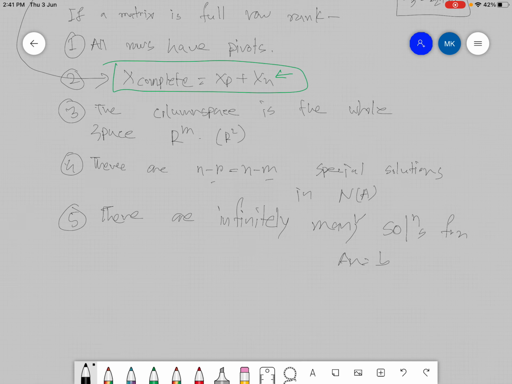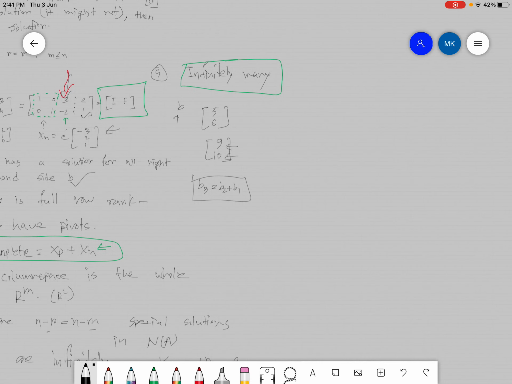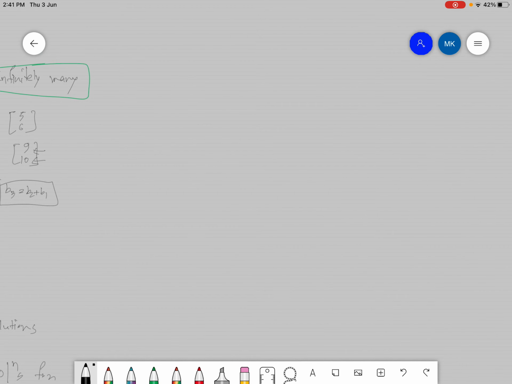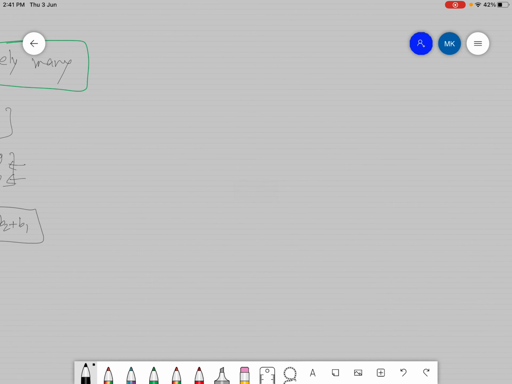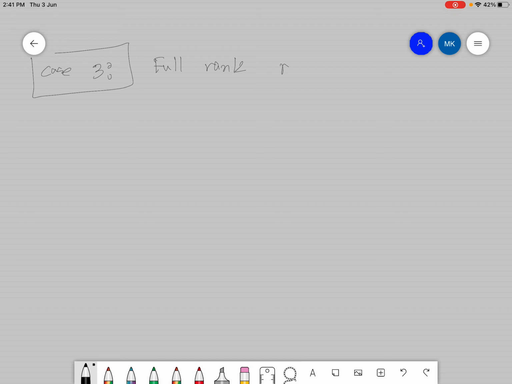Okay, so now we have come to case 3. Case 3 is the full rank matrix, where the rank is equal to the rows and the columns. So we have a very beautiful structure of the matrix.